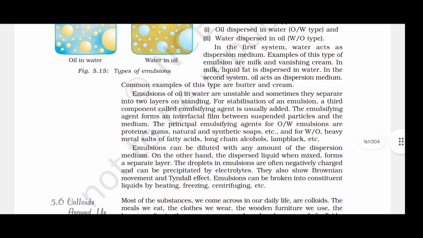The emulsifying agent forms an interfacial film between suspended particles and the medium. The principal emulsifying agents for O/W emulsions are proteins, gums, natural and synthetic soaps. And for W/O, heavy metals, salts of fatty acids, long chain alcohols, lamp black, etc.